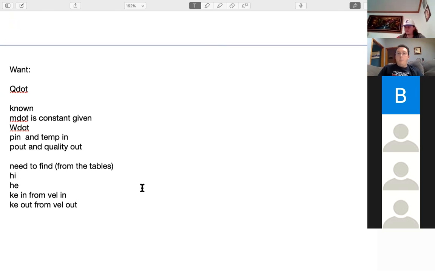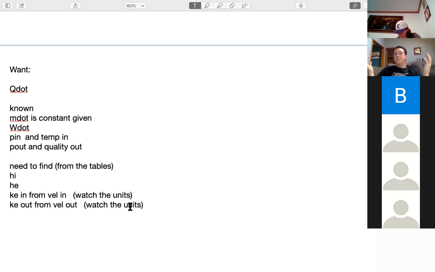Now, if you're keeping velocities, if you're keeping kinetic energy in there, you need to watch the units. You've got to watch the units on those because they don't come out right, quote unquote.